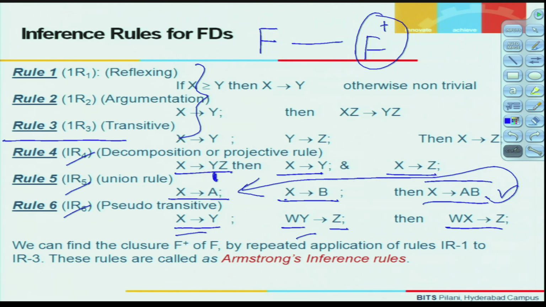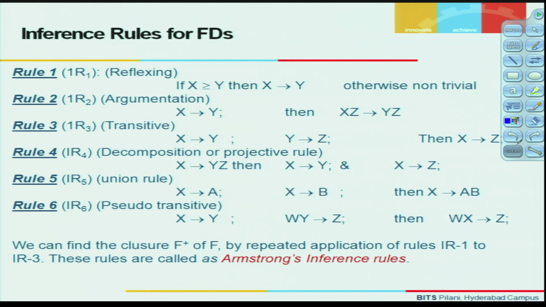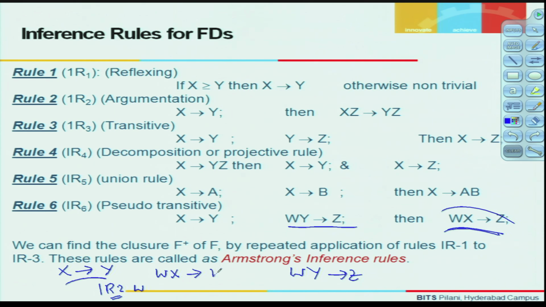For instance, look at the sixth inference rule. I have x determines y, and the second one is wy determines z. How can I infer this new functional dependency wx determines z? Take the first one and augment it with w on both the sides according to IR2. Then this becomes wx determines wy.